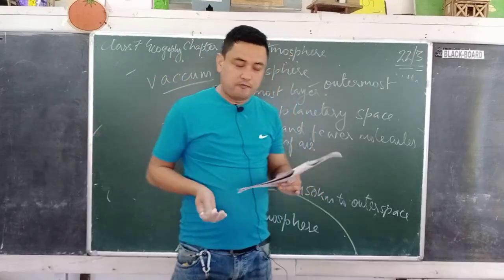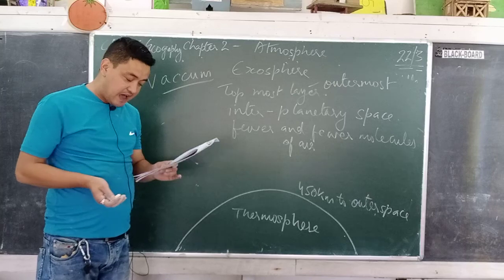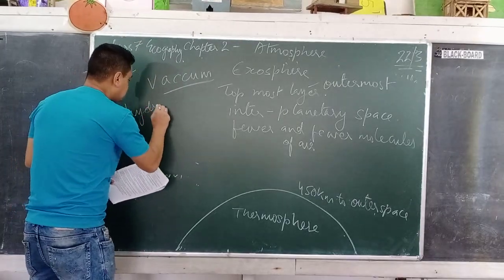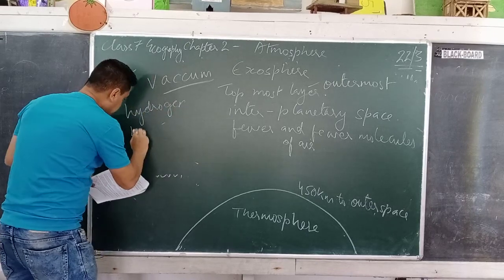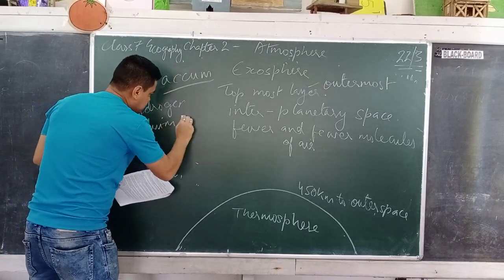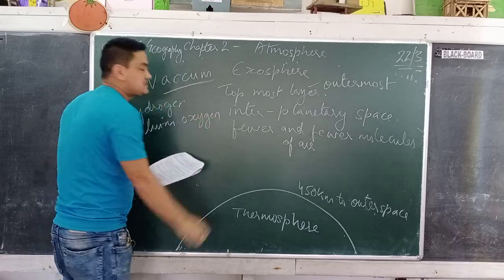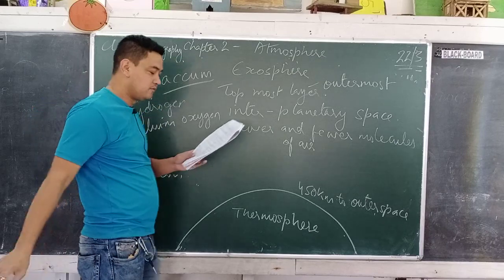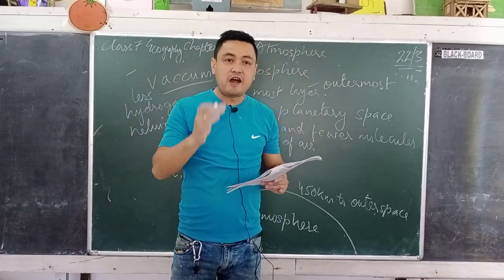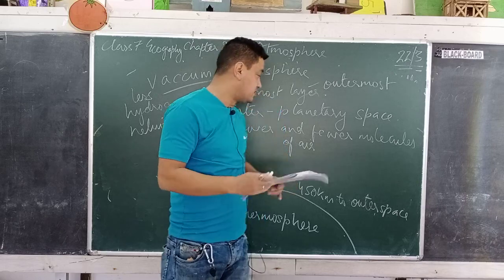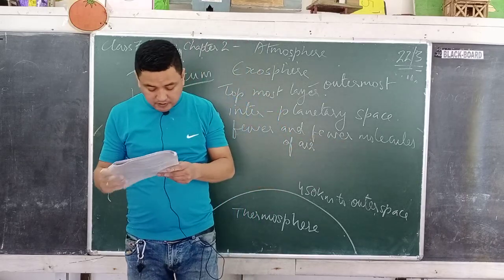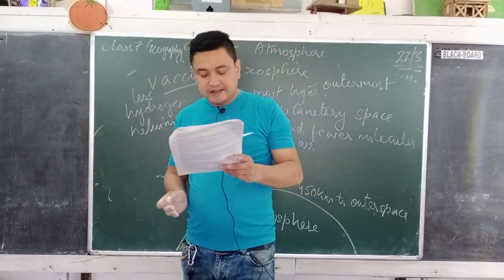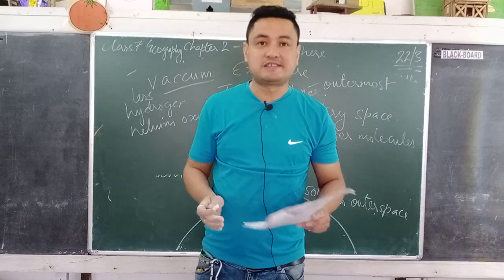Exosphere is composed of very light gases. We find traces of very light gases like hydrogen, helium, and oxygen too, but in very less quantity. The air here is extremely thin because you find fewer and fewer molecules, so the air is thin and rarefied, and that makes the atmospheric pressure the lowest in this layer.